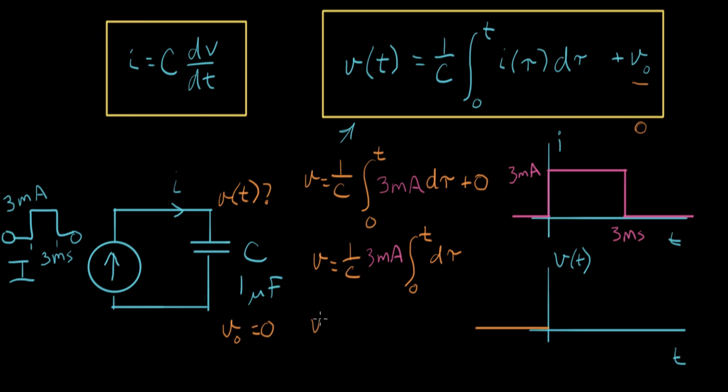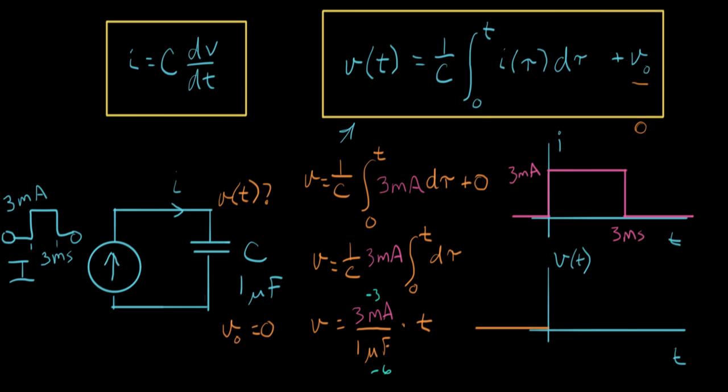And that equals, let's plug in C this time, 3 milliamps divided by 1 microfarad times, what does this evaluate to? The integral from 0 to t of d tau is just t. Let's do a little bit of arithmetic here to reduce this. Milliamps is 10 to the minus 3, and microfarads is 10 to the minus 6.